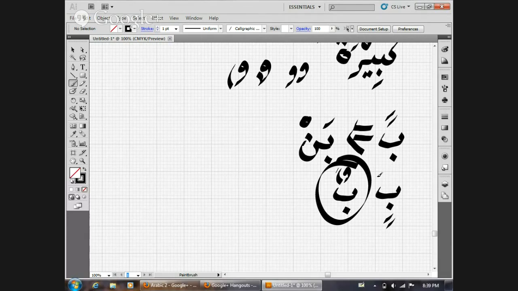Okay, so one more thing is, with 2 fathas, if this follows any letter except the ta, you add an extra alif. So I'm going to give you an example.